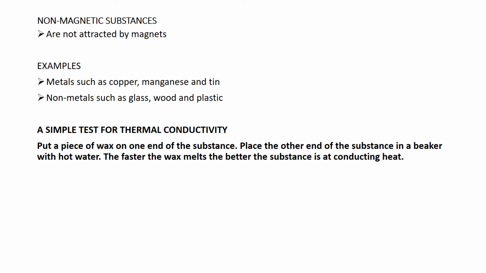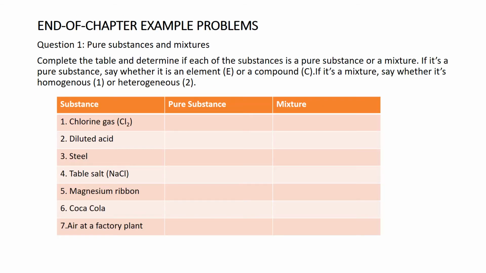The faster the wax melts, the better the substance is at conducting heat. You can do this if you have wax and a metal that you can test. And I have 5 end of chapter example problems that we will do together.